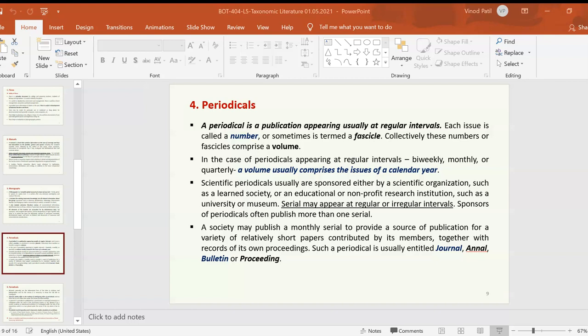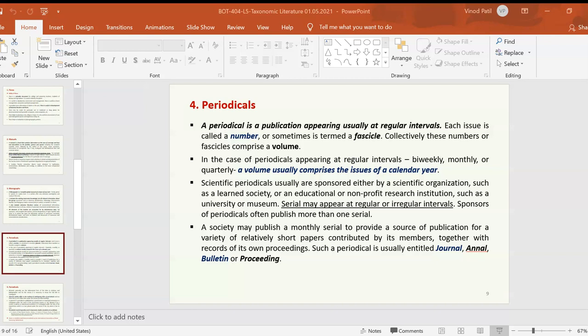If it is published every 2 months, that is bi-monthly; likewise quarterly, every 4 months, every 6 months, or yearly. A periodical is a publication which appears at a regular interval of time, and each issue is called a number, or sometimes a fascicle.